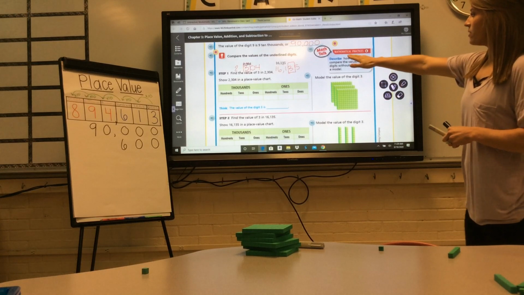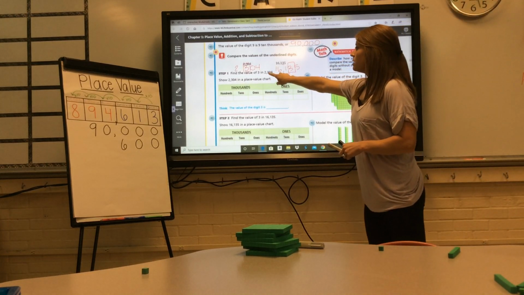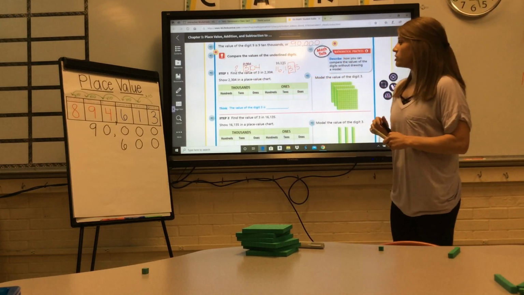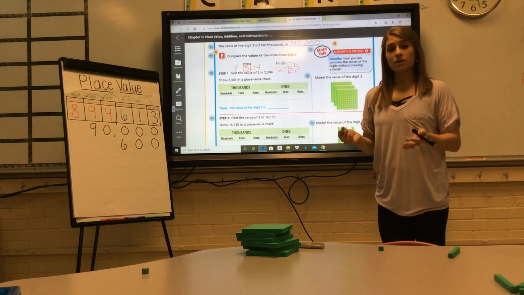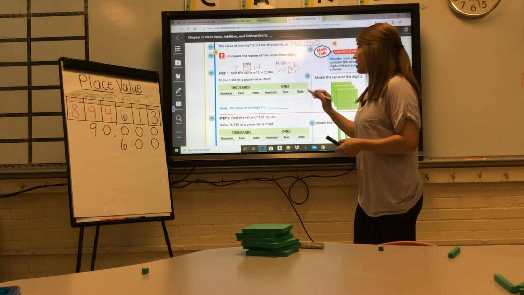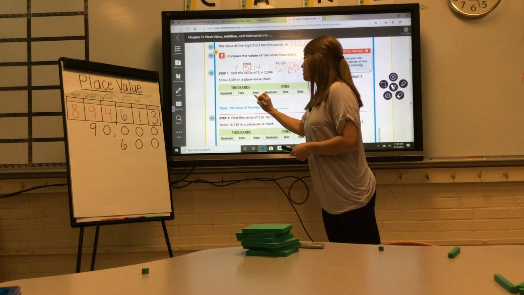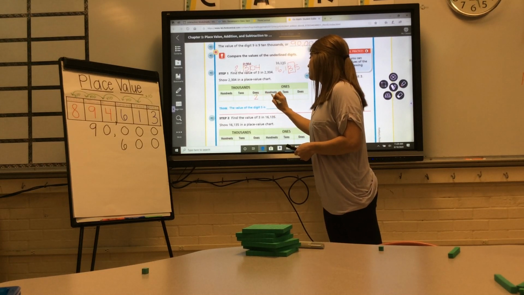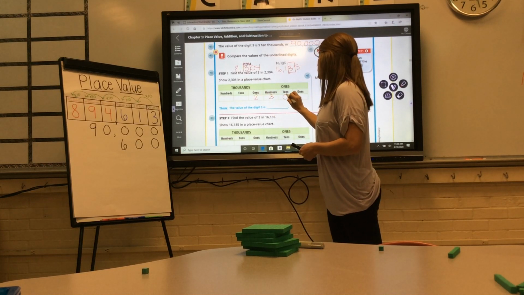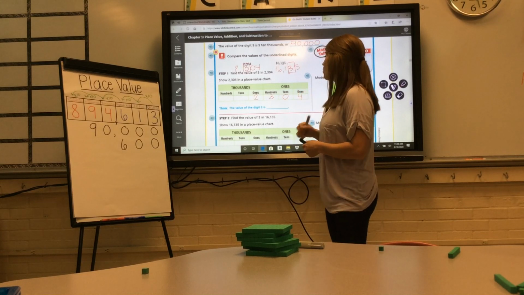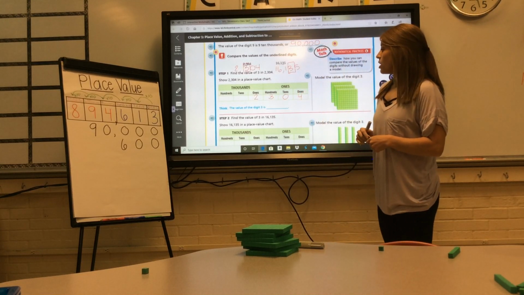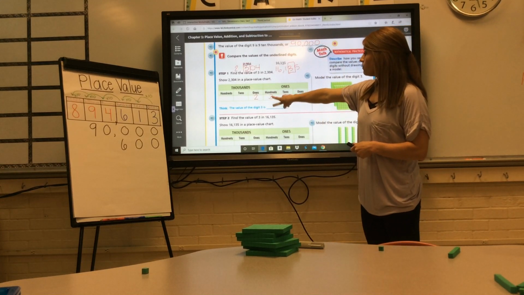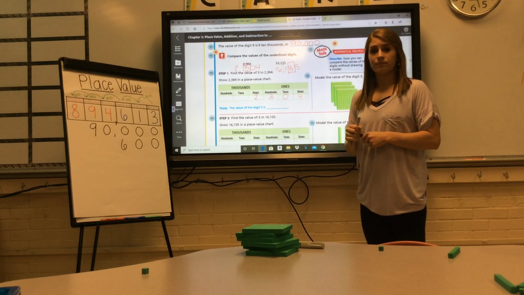So they want us to find the value of the 3 in 2,304. So the first thing I'm going to do is I'm going to write it in the place value chart. Okay? So I've got 2,000, 3 in my hundreds place, 0 in my tens place, and 4 in my ones place. Well, when I look at this 3, what place value is it in?